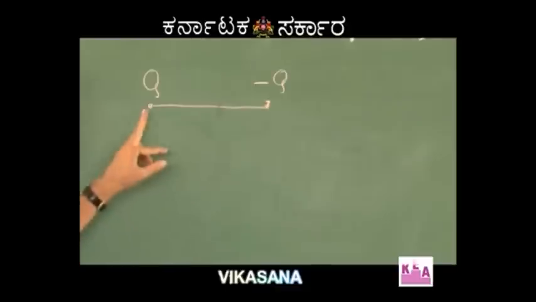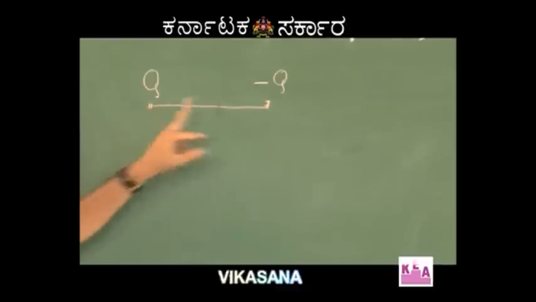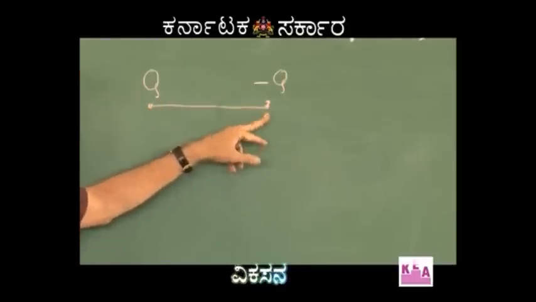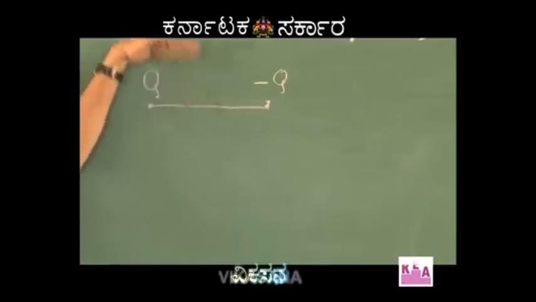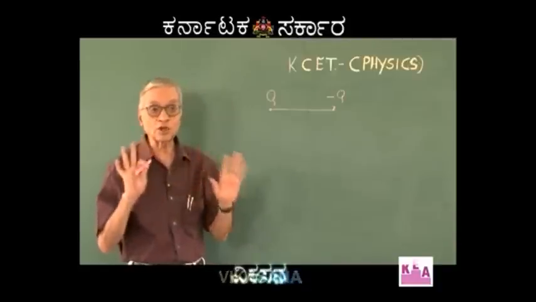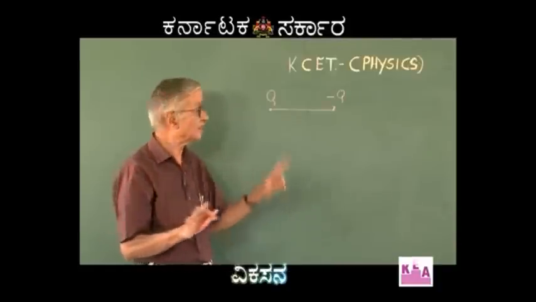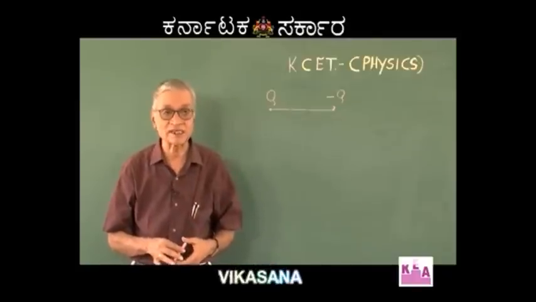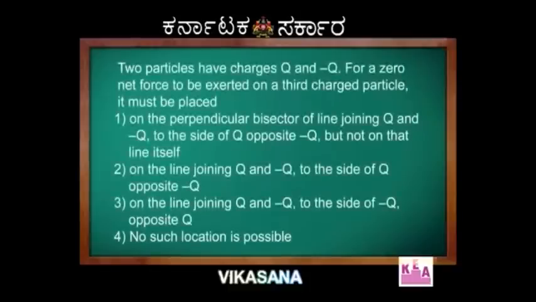Therefore, null point cannot be anywhere either above or below the line joining the two charges. Hence, there is no location at all in the neighborhood of the system where the electric intensity is 0. Therefore, the correct option is no such location is possible.